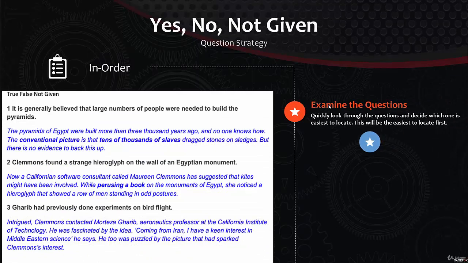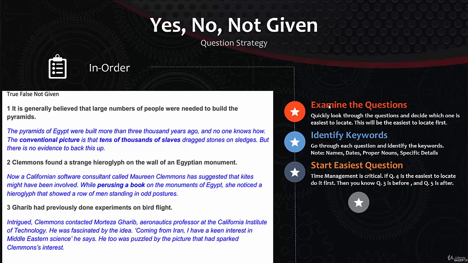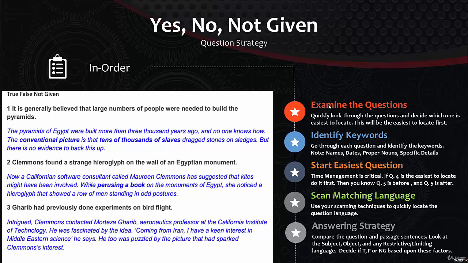So let's look at the way this works. Here we see a series. What I've done here is you have the question and the matching passage language right above and below each other. For example, this first one says, it is generally believed that large numbers of people were needed to build the pyramids.